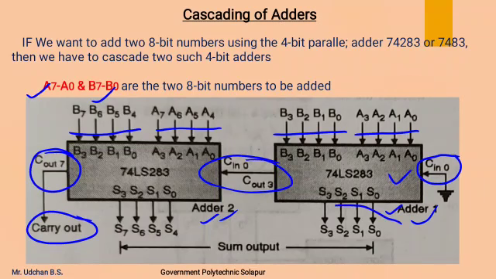The sum of 8 bits: the first 4 bits are from adder 1, S0, S1, S2, S3, and the next 4 bits of the sum are from adder 2, that is S4, S5, S6, S7. This is how we can cascade two 4-bit adders to add two 8-bit numbers.